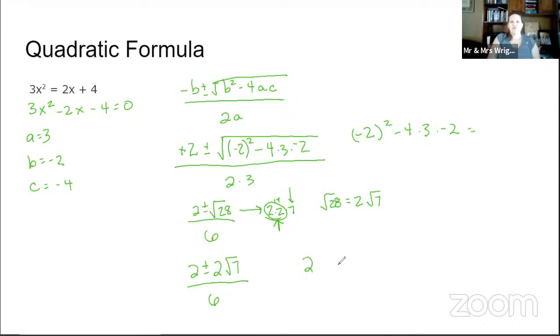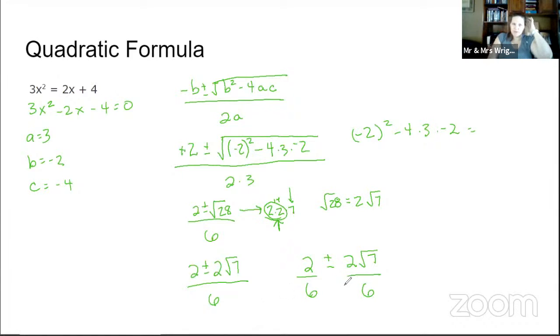So when you have addition or subtraction with fractions, you have to have a common denominator. So this can also be written like this. But we were unable to add or subtract 2 and 2 square root of 7, so we put them together over the same denominator. It's just another way of writing this addition or subtraction problem.